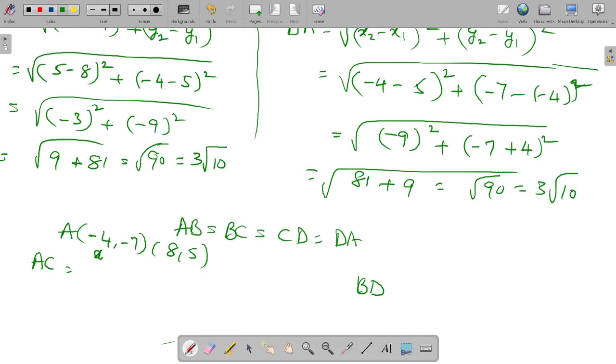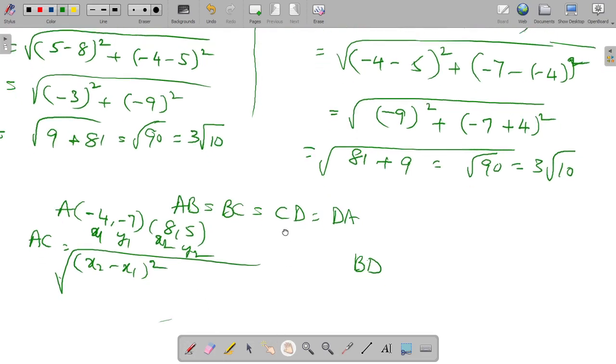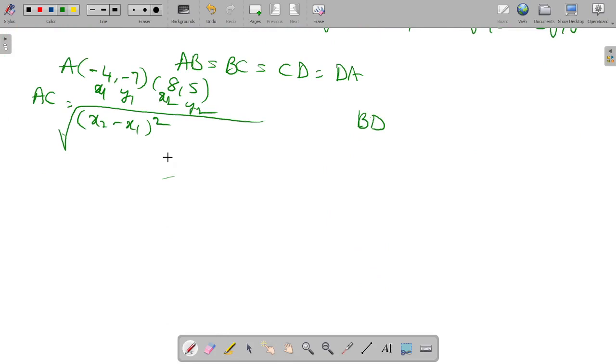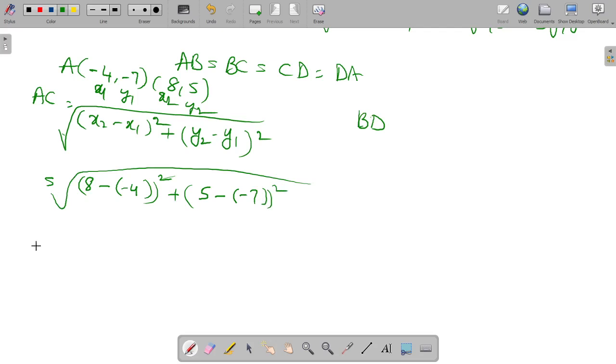Square root of (x2 minus x1) whole square plus (y2 minus y1) whole square is equal to (8 minus of -4) whole square plus (5 minus of -7) whole square under root. 8 minus of -4 is 12 square, plus 5 plus 7 is 12 square.